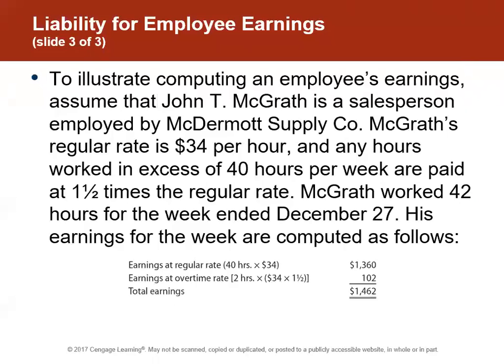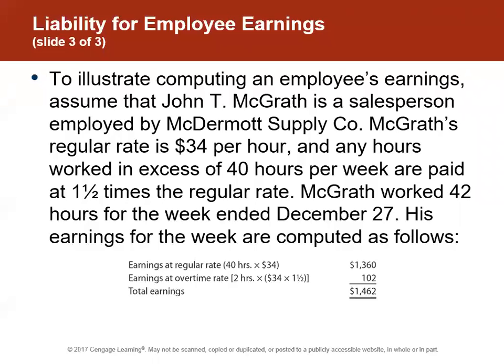So here they're just showing us how to calculate overtime pay. John T. McGrath is a salesperson. His regular rate is $34 per hour. Any hours worked in excess of 40 hours per week are paid at 1.5 times the regular rate. McGrath worked 42 hours for the week ended December 27th.